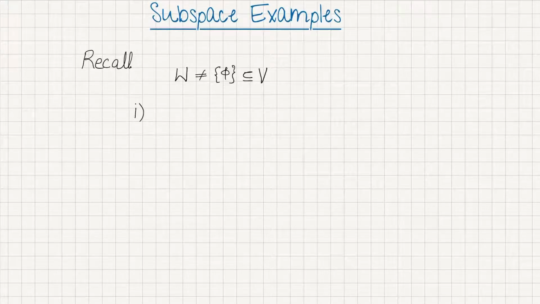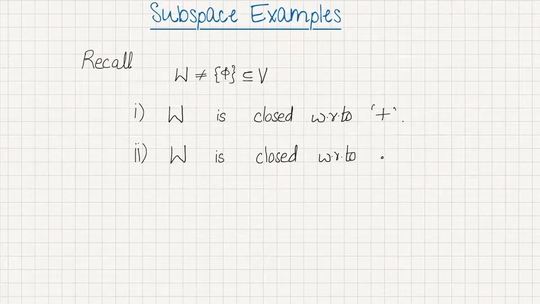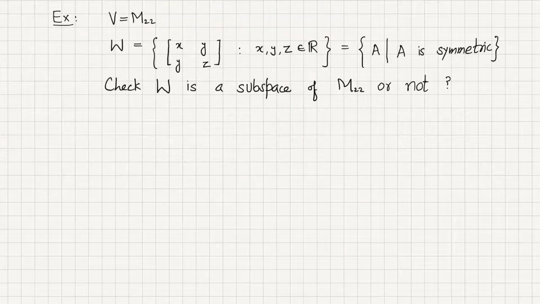First, W is closed with respect to addition, and second, W is closed with respect to scalar multiplication. If these two conditions are satisfied by a subset of a vector space V, then we say that subset is a subspace of V. So let us start with the example.